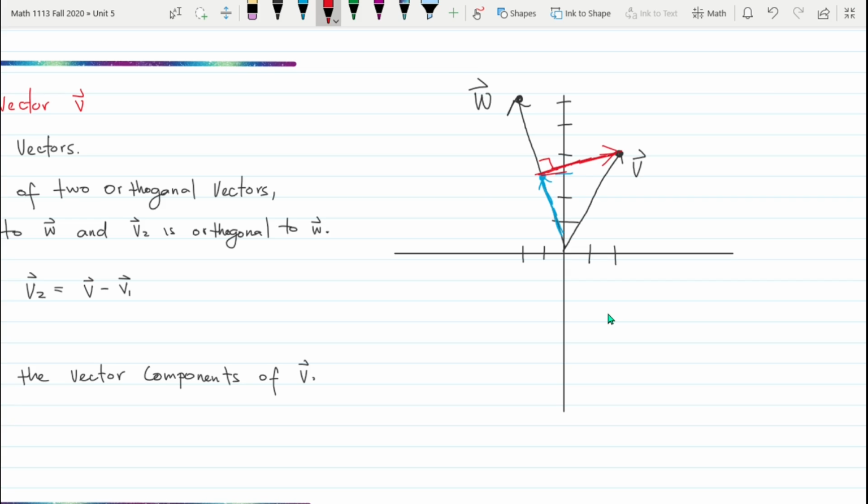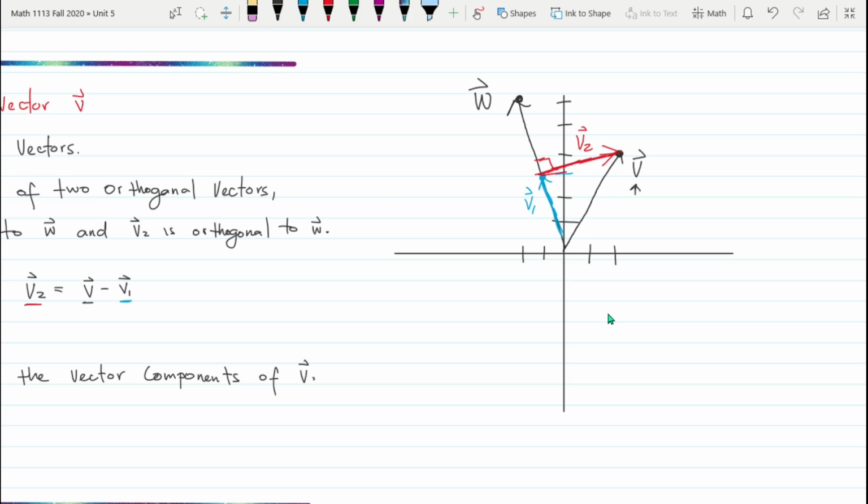This vector is orthogonal to W, so this is V2, and my blue friend right here is vector V1. Okay, so V1 is the blue guy, V2 is the red, and V is this one right here.